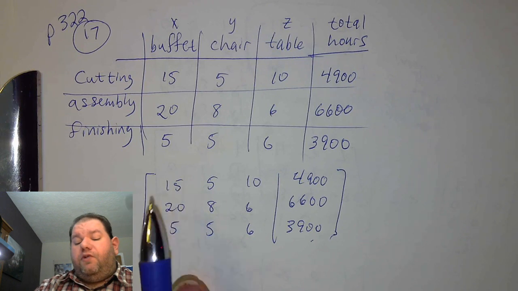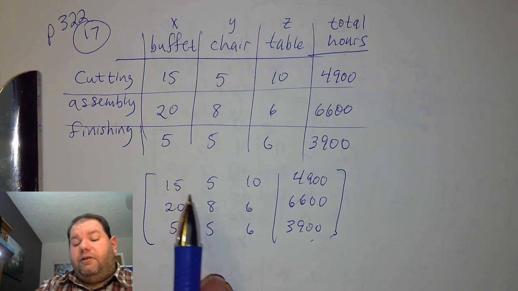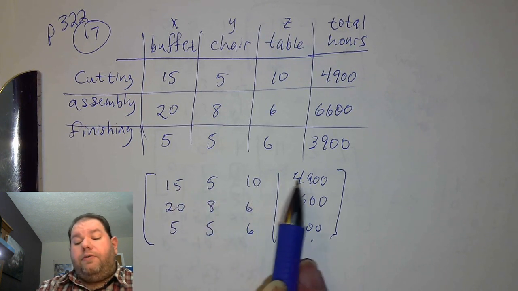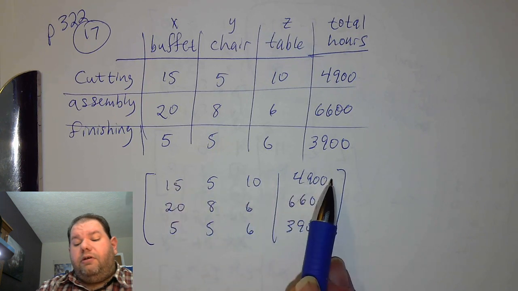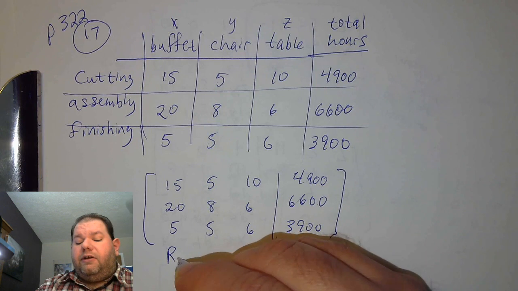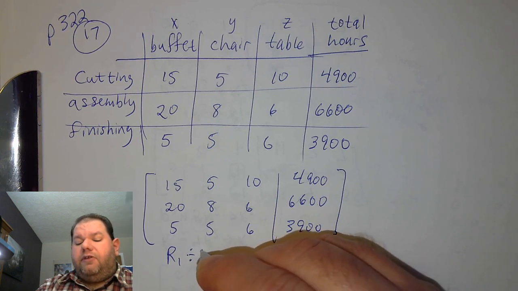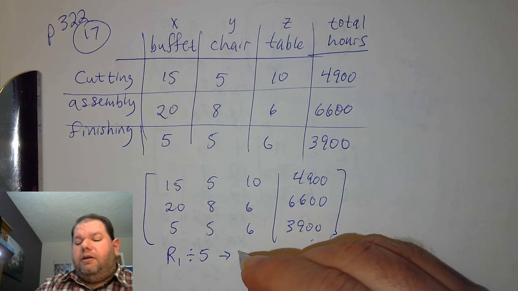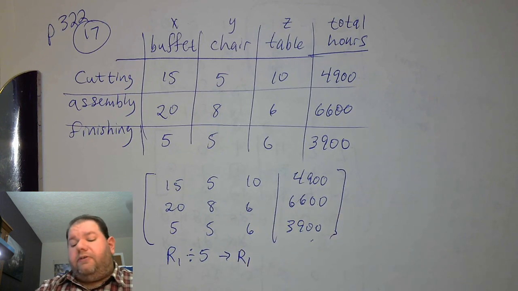So, first thing I notice looking at this is all four of these numbers on the first row are multiples of 5. So I would say let's take R1 and just divide everything by 5 and rewrite that as R1.